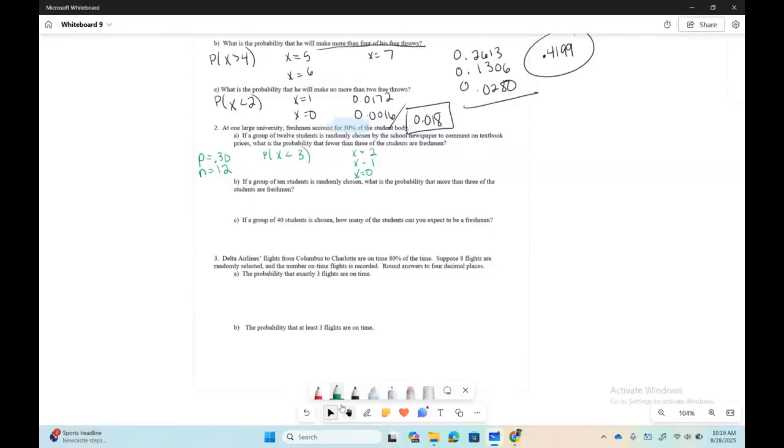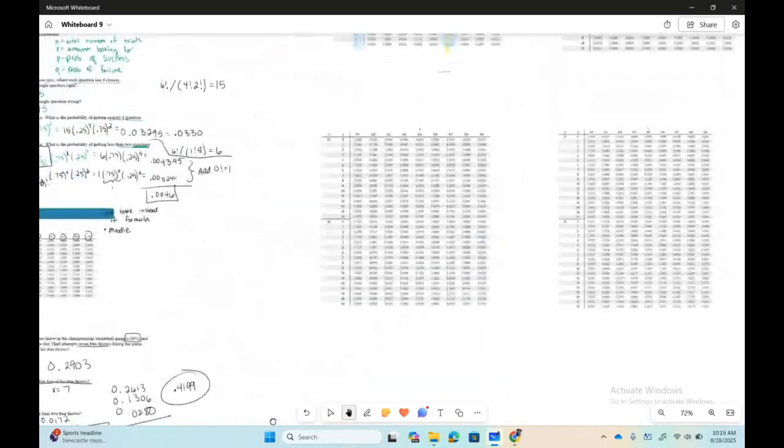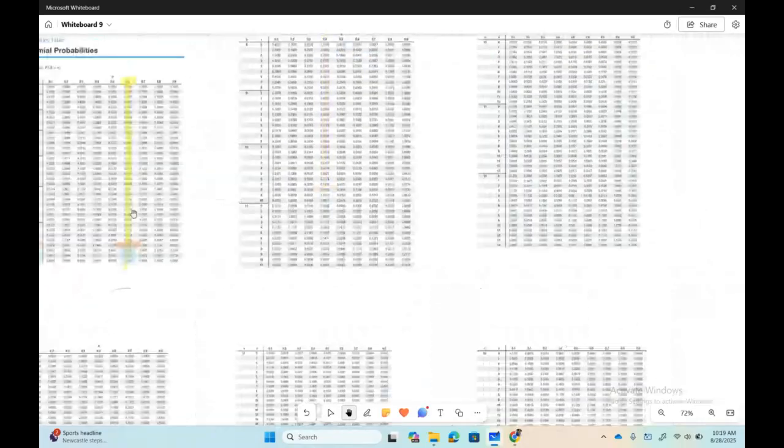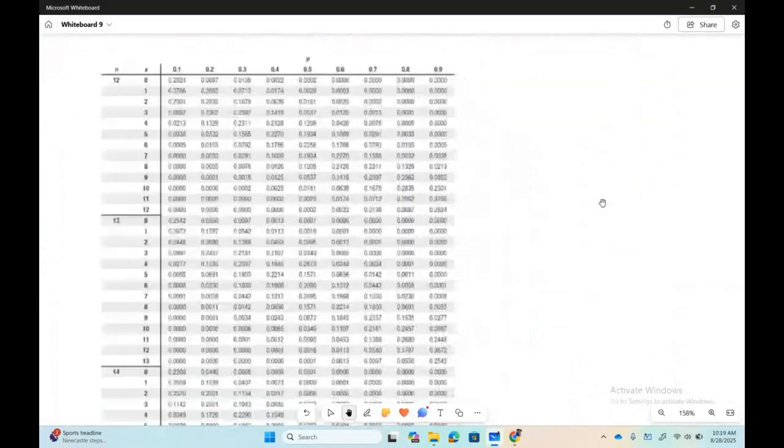All right, so we are going to our table, and we need n is 12. Here we go. All right, so this time, n is 12. I need to do, let's see, x is 0, 1, and 2. So here's my x's. Here's 0, 1, and 2. So I'm looking right here.